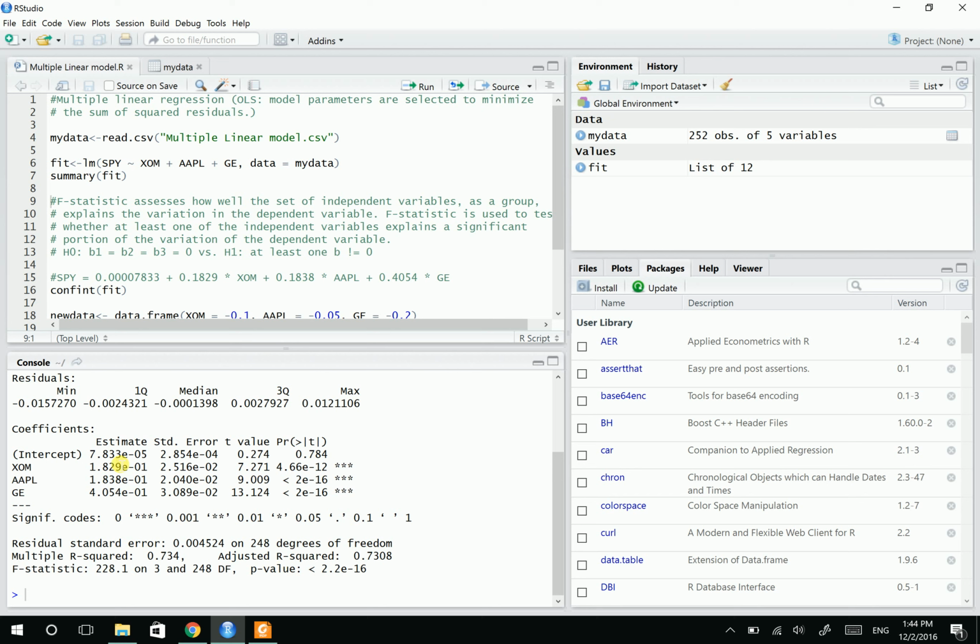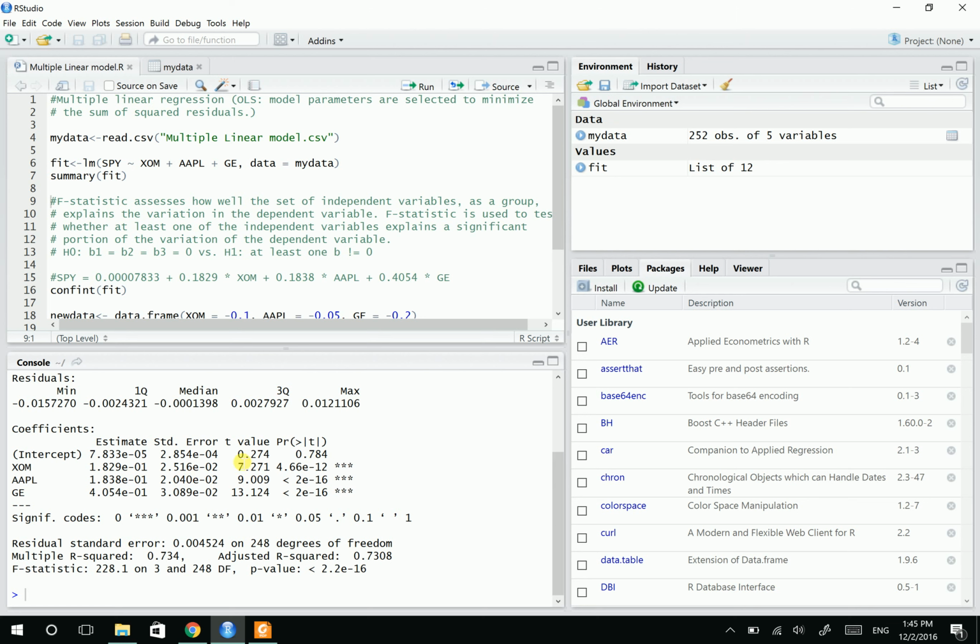And then we can go back to the coefficients. The coefficients are the betas we want in the regression. Look here, the estimated values of these coefficients: first the intercept, then Exxon, then Apple, and then GE. Let's look at Exxon. We can see the standard error. Standard error is the standard deviation of the sample. It's not for the population, it's for the sample, so we call it standard error.